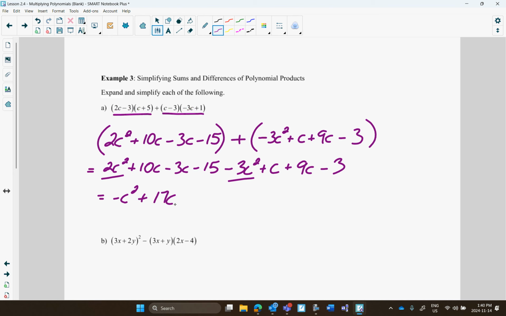And any numbers. Minus 18. That's as far as we can go. The one you got to watch out for is like the one that's the next example where it's minus, because it changes the sign.